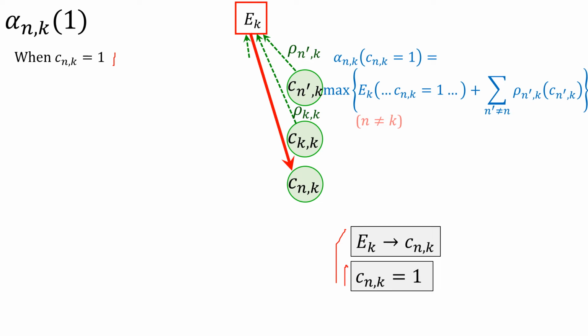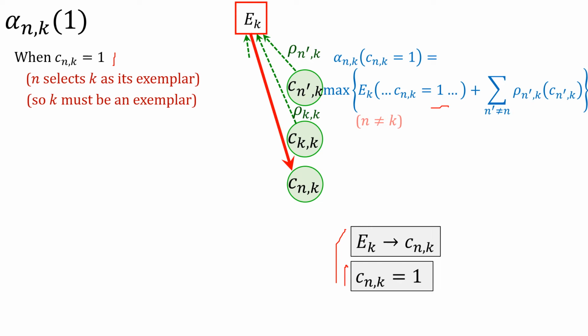So when cnk equals 1, n selects k as its exemplar. So k must be an exemplar. If n selects k as an exemplar, then k itself must be an exemplar, which means that ckk has to be a 1. Otherwise, there would be a constraint violation.